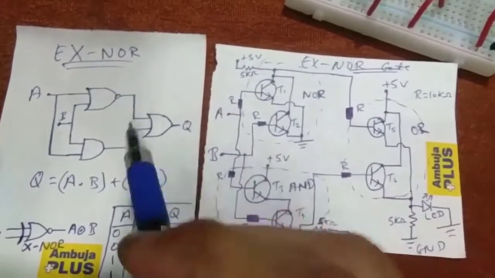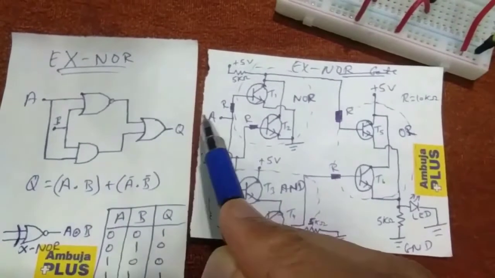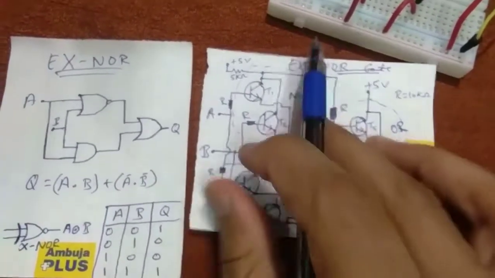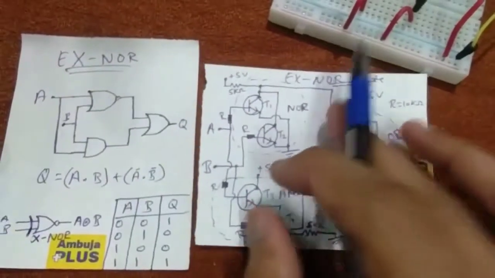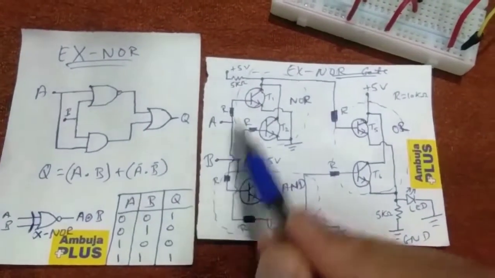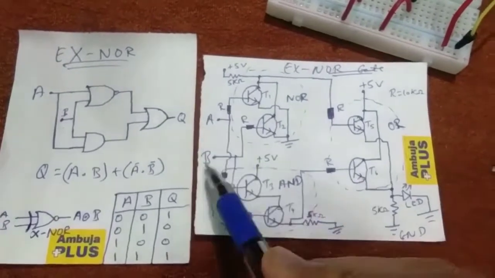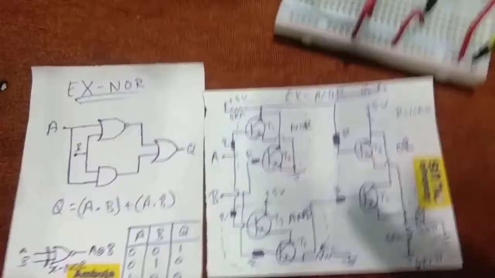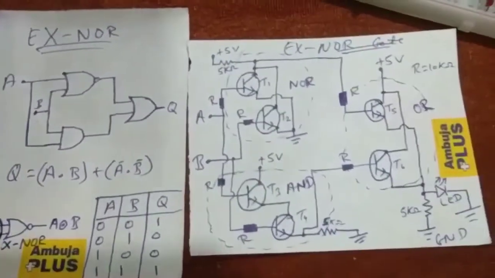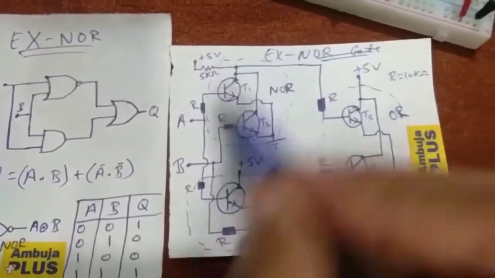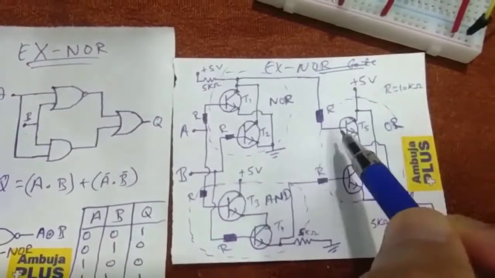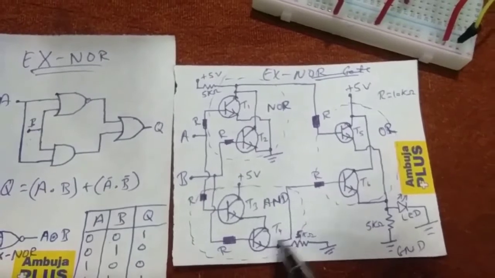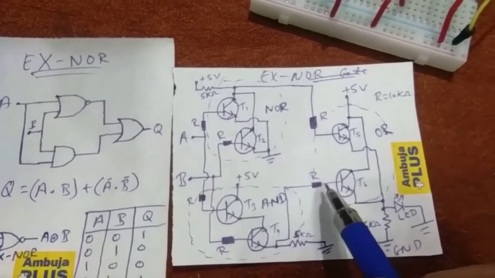Here inputs A and B pass through transistors T1 and T2 simultaneously, and here again input A passes to T3 and B passes to T4 respectively. Now the output of this NOR gate is connected as an input to transistor T5, and the output of this AND gate is connected to transistor T6 as an input.